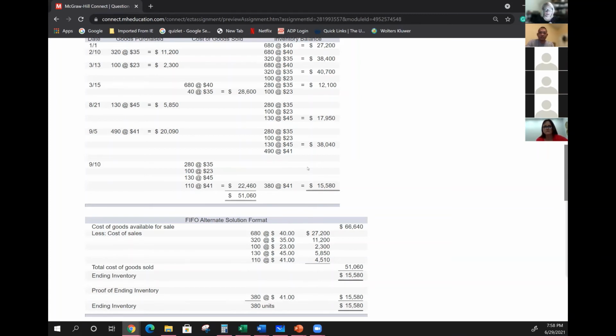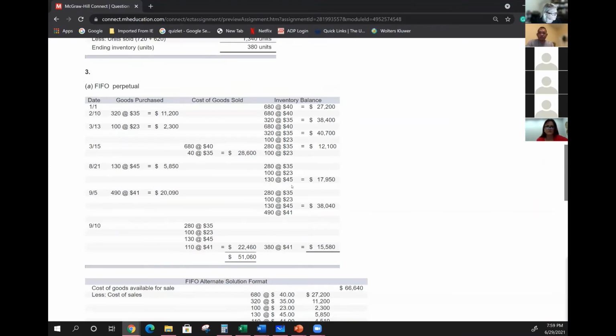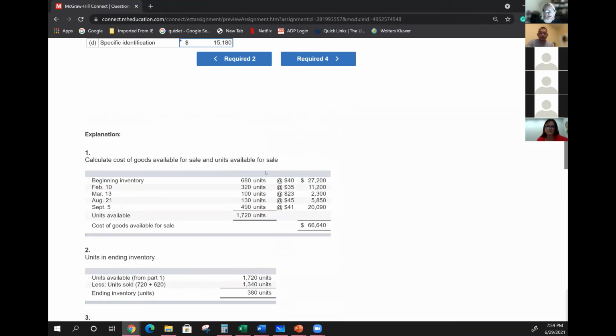So for FIFO, I have a question. You couldn't do it to where you just took the number of what was left, or the inventory that was sold, and the 1,000 whatever, and just did it all the way down instead of doing the 720 first and then the 620? You have to figure it out as you go because of perpetual, but you can back into it.